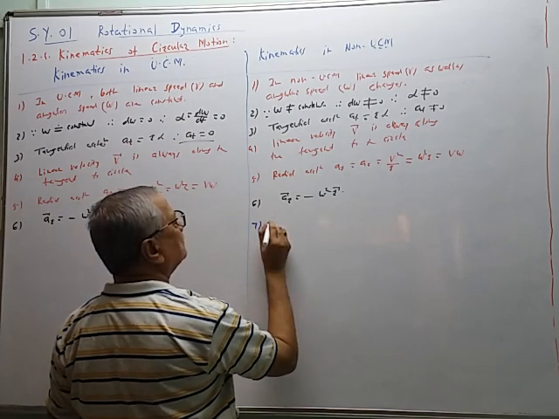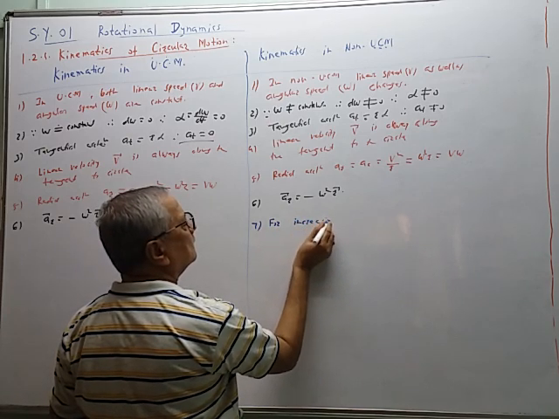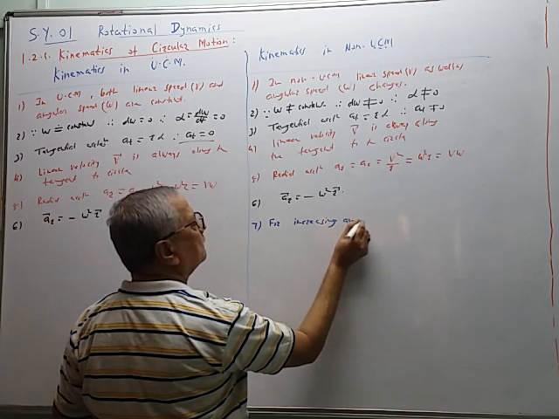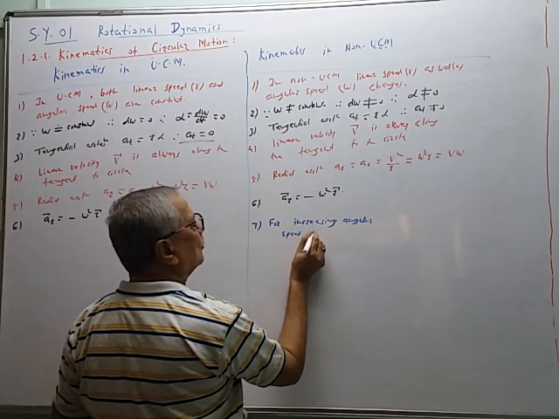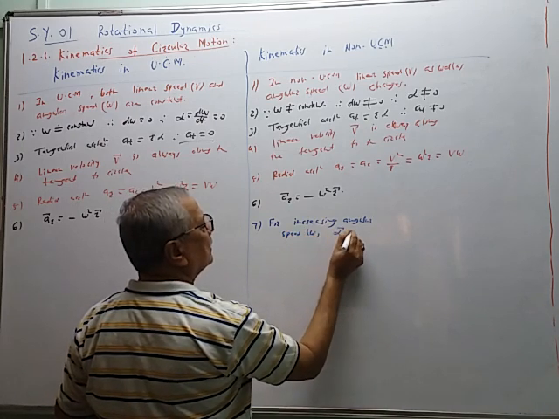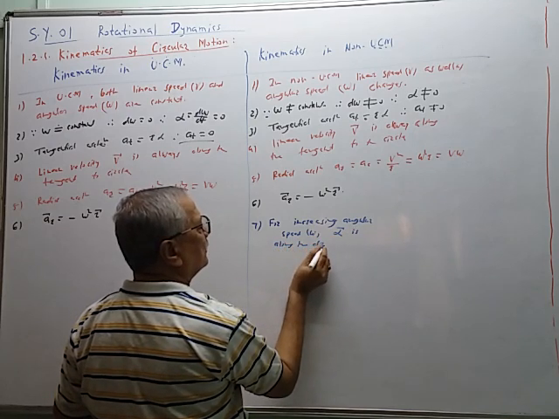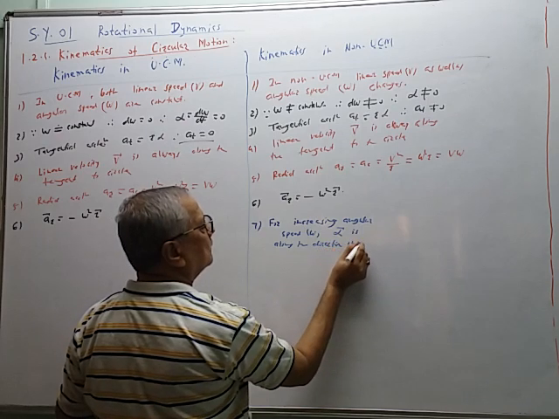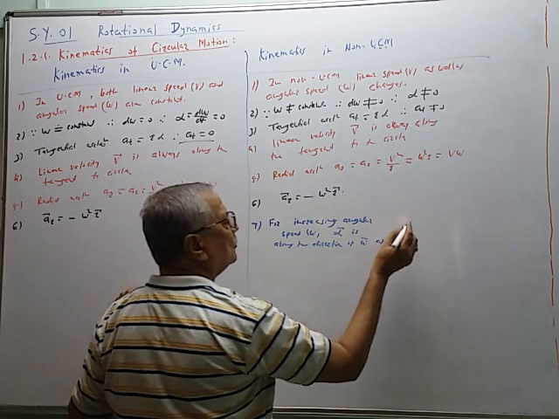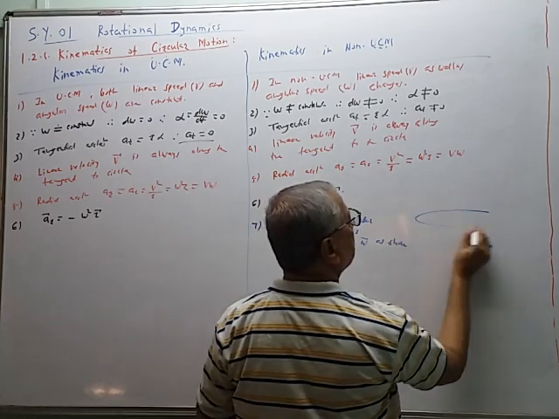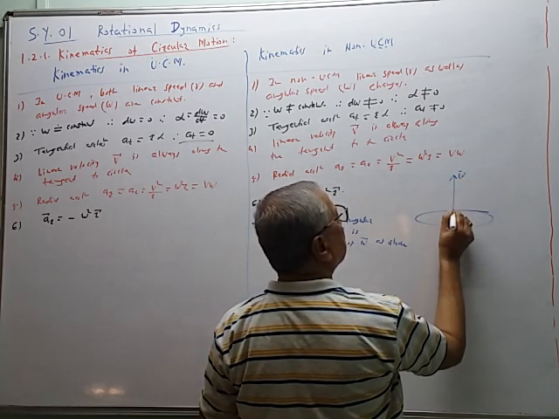For increasing angular speed omega, alpha is along the direction of omega, as shown. So if this is the motion, by right hand rule omega is in the direction, so alpha is also in the direction.